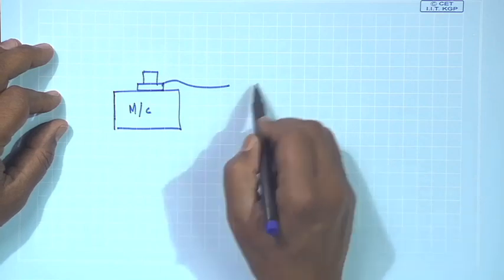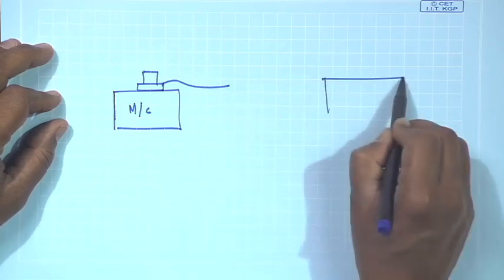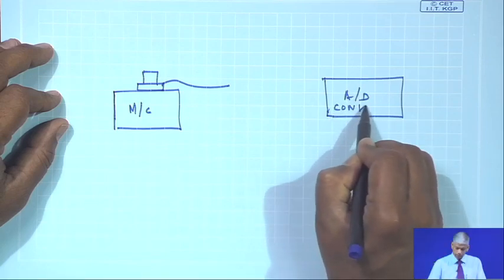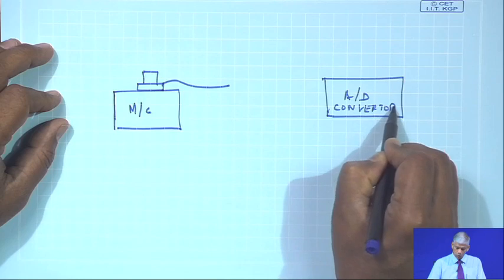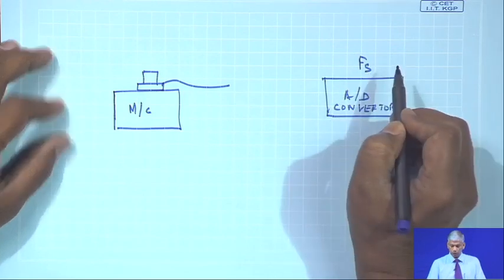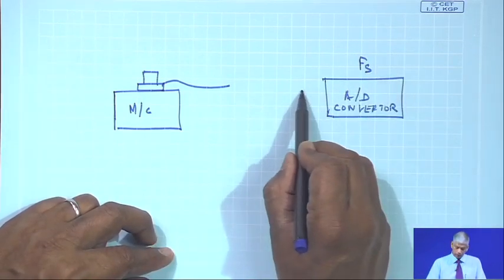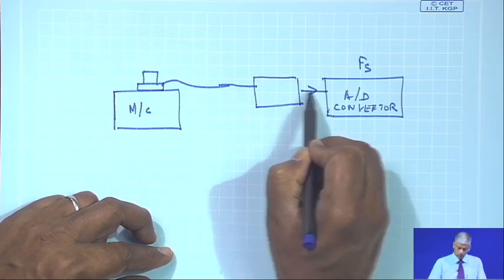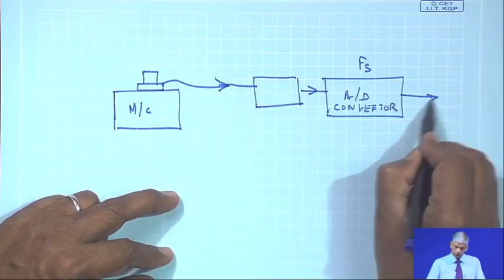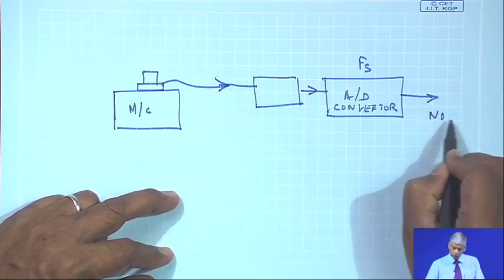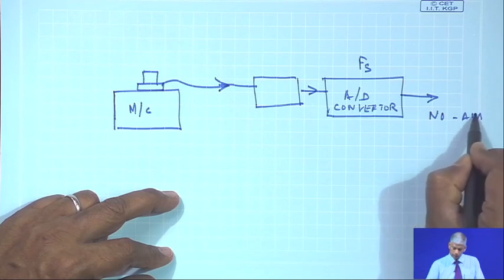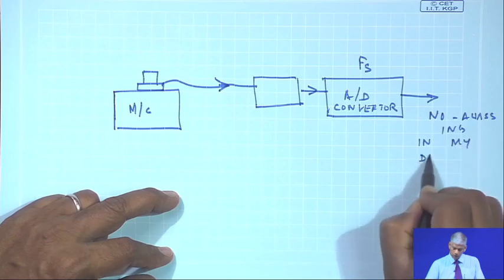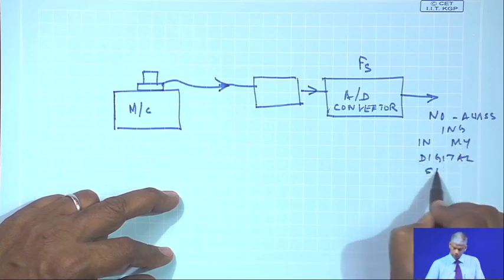I am giving an analog signal and I have an A to D converter, which comes in the market with a fixed sampling frequency, and then I have to put some device here so that I get no aliasing in my digital signal.